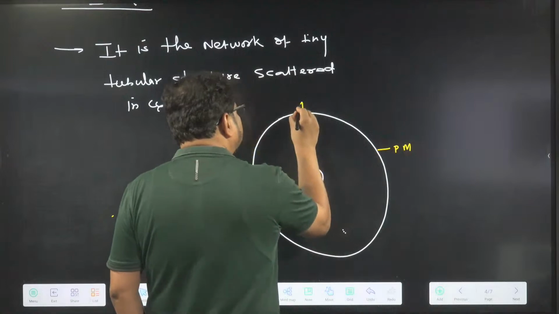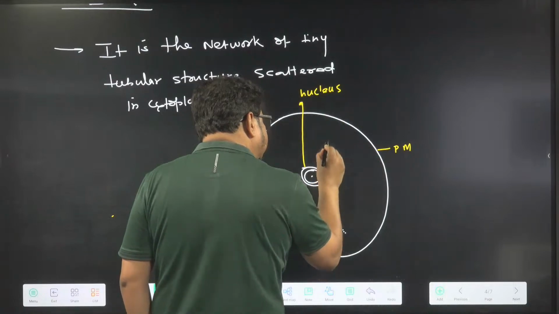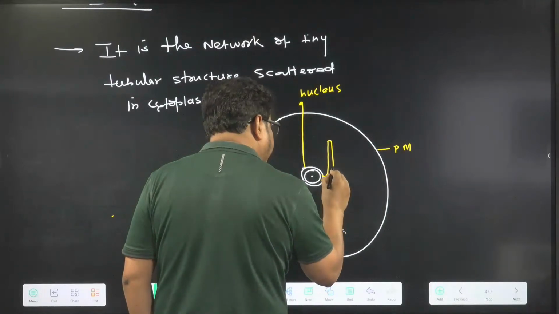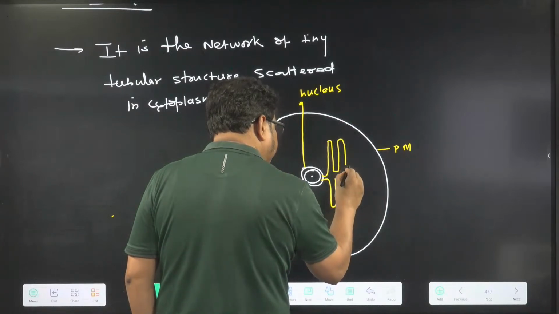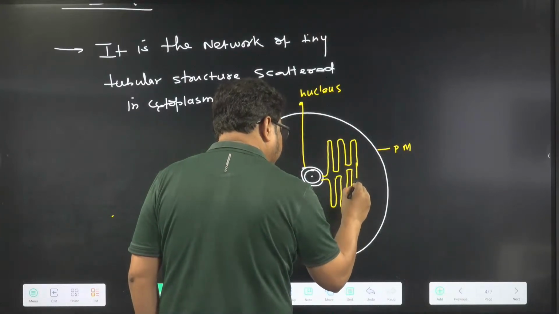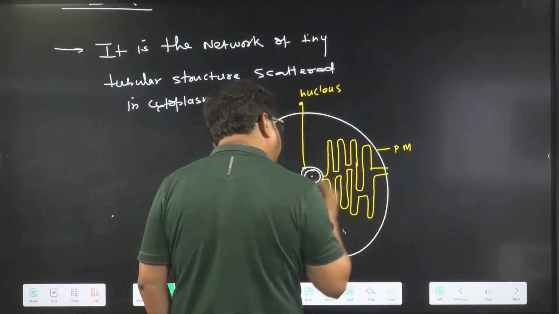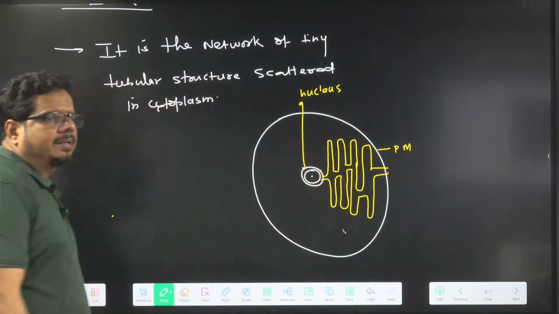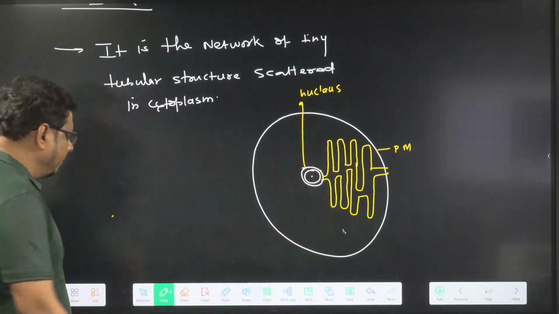Now what you will find is that from this nucleus itself, a membranous tubular structure is arising, and these membranous tubular structures connect one side with the nuclear membrane, another side with which one? Plasma membrane. And this structure which forms here is called endoplasmic reticulum. Are you getting the idea or not?